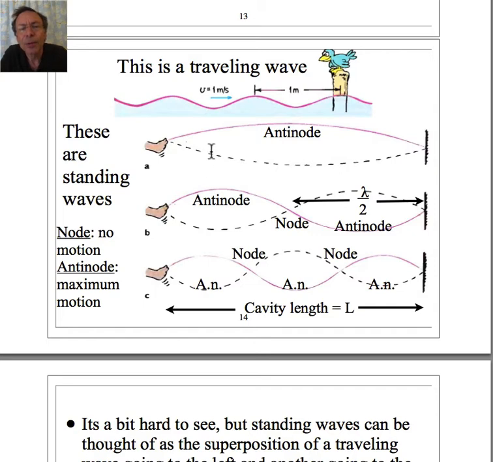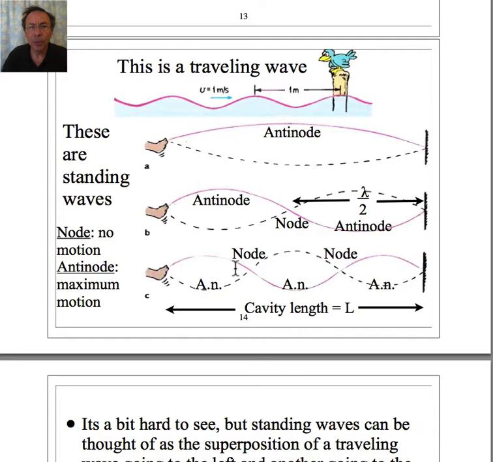The important thing when we're talking about violins and guitars is that you have nodes where the strings are attached, so you're going to have nodes for sure at the two ends, and depending on which harmonic, you may have one antinode, or two antinodes, or three antinodes. And so when you have that, you're going to have the frequency, or twice that frequency, or three times that frequency.